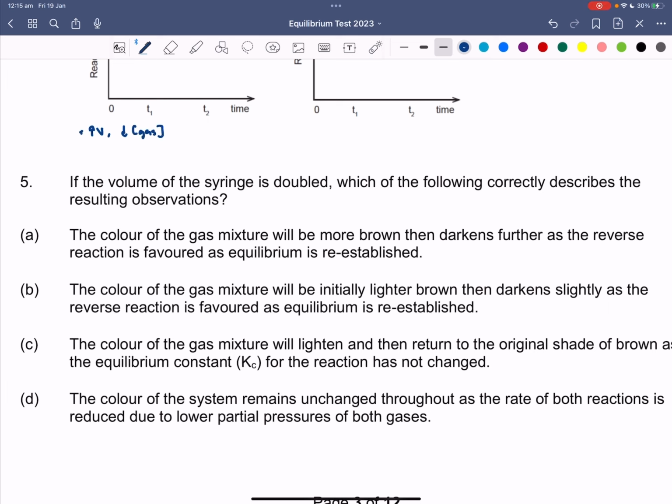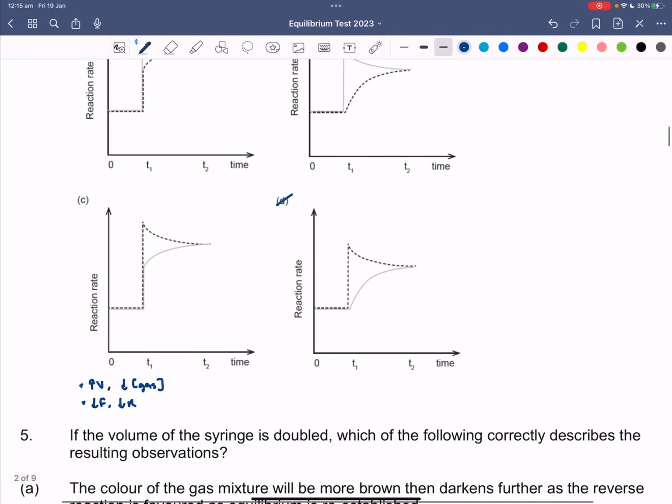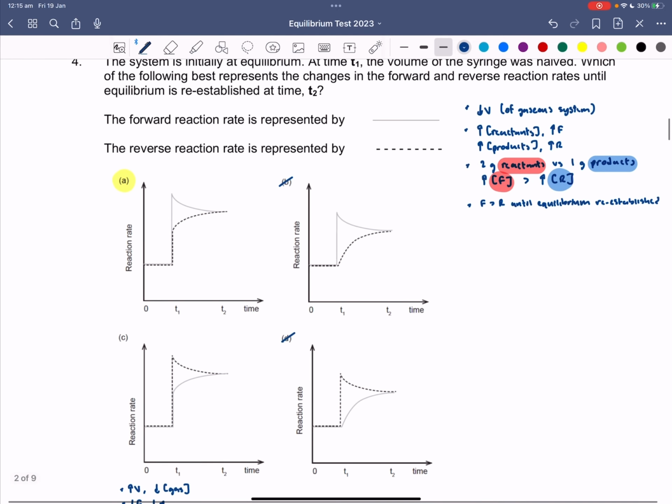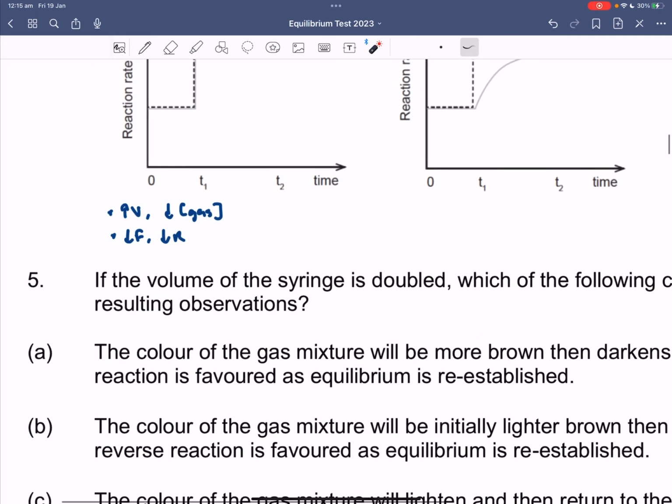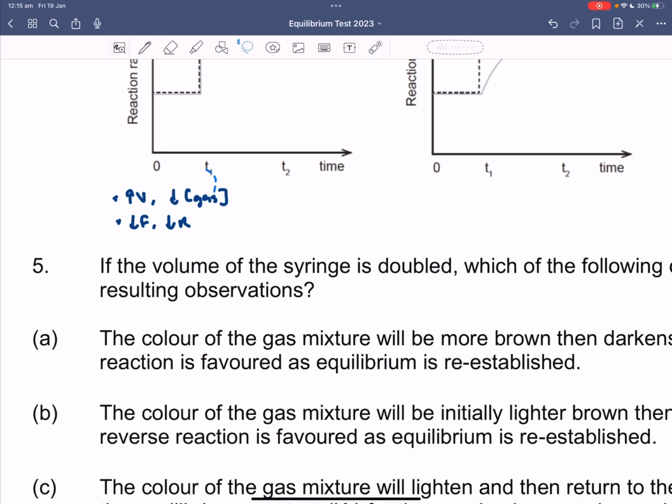And if we decrease the concentration of gas species, there is a decrease in the forward reaction rate and a decrease in the reverse reaction rate. In the same way, there are more reactant gases than product gases, which effectively means that yes, they both drop.